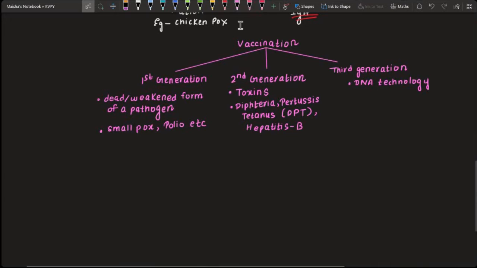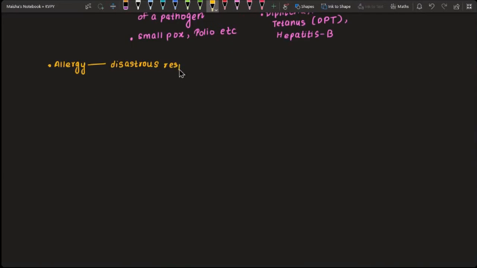So now we have finished the main part of this topic, which is immunity. And now I'll be discussing some important points. The first thing is allergy. Allergy is a disastrous response of the immune system.